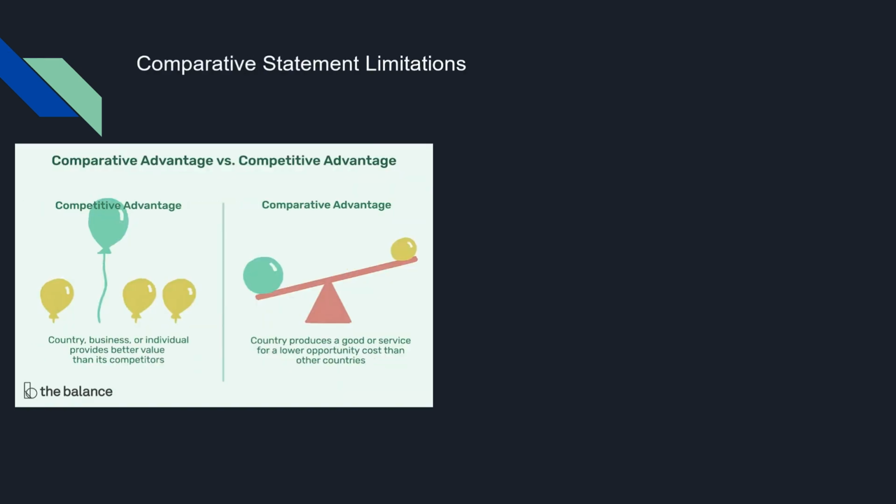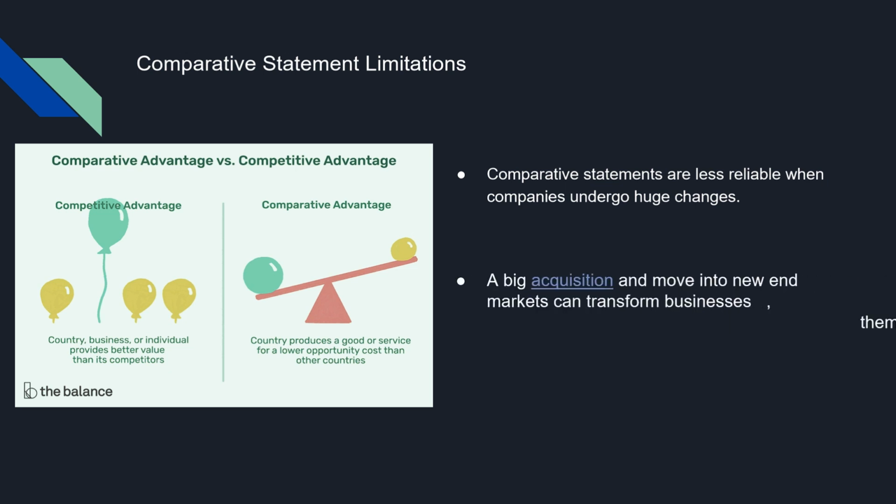Comparative statement limitations. Comparative statements are less reliable when a company undergoes huge changes. A big acquisition or a move into new end markets can transform businesses, making them different entities from previous reporting periods.